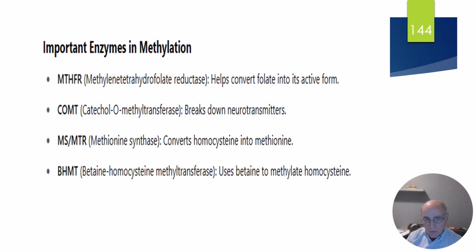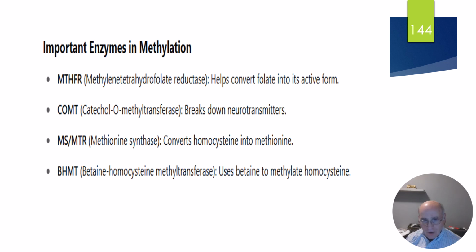Now, there are a number of different important enzymes that are involved in the methylation process. MTHFR, which probably has the most interest or has been written the most about, and certainly testing patients for MTHFR and seeing what the patient's SNPs are. Either they have the most common, which is the C677T SNP, or the A1298C SNP, and certainly that will have an impact in determining whether or not the person should be on a methyl B vitamin.